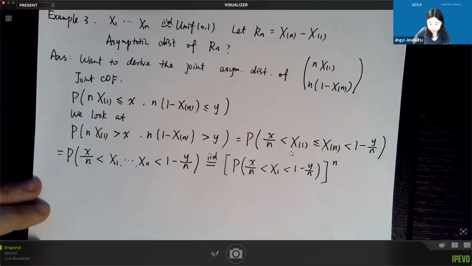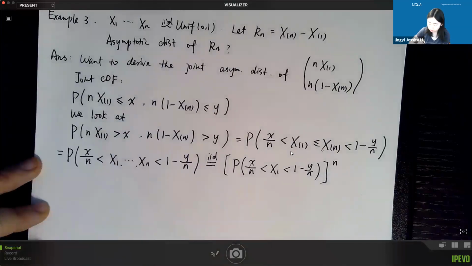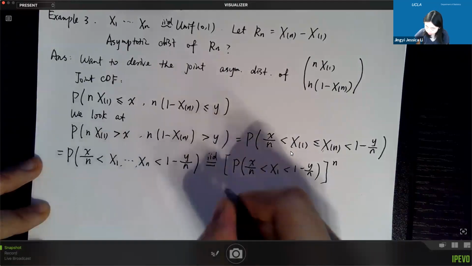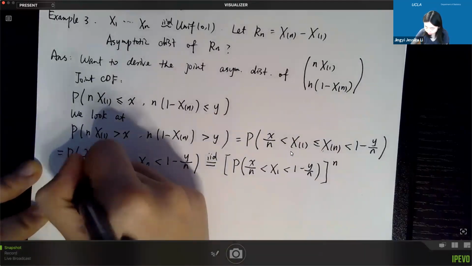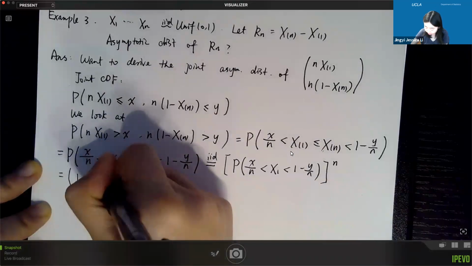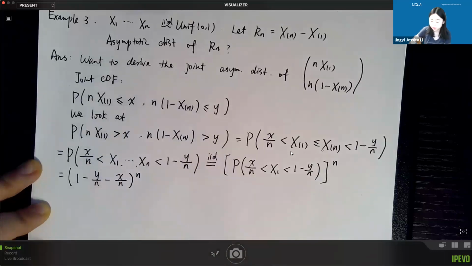Okay, and what is that? x1 is uniform 0 to 1. And the uniform part makes things a lot easier. So this becomes equal to 1 minus y over n minus x over n, raised to the power n. But again, this has a condition, right?